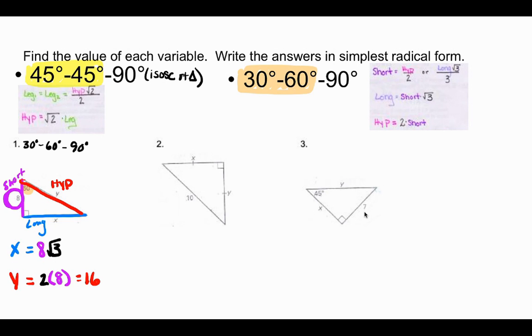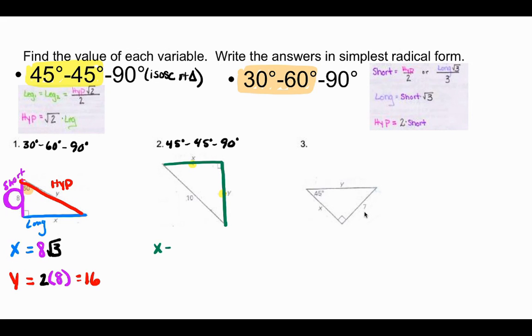Problem 2, there are no angle measures, but we are shown that we have 2 congruent sides. So this is going to be the 45, 45, 90 triangle rule. In this particular set, we should have 2 legs that are congruent.